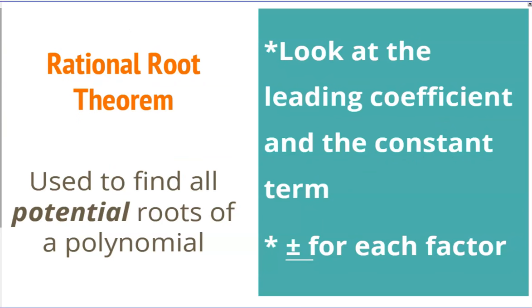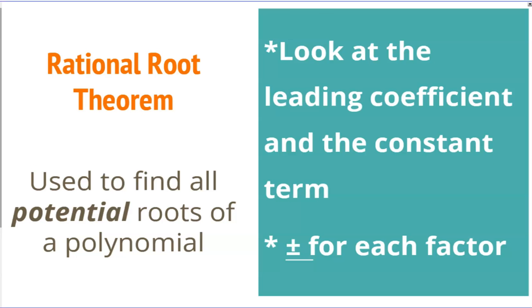Well, if I give you an equation, I want you to find the possible places, the roots, where it's going to cross the x-axis. Instead of going from an infinite list to choose from, we can narrow that list to find potential roots of a polynomial.